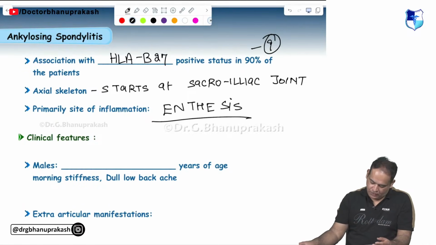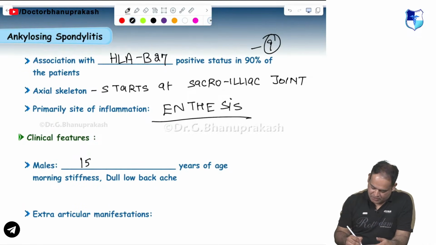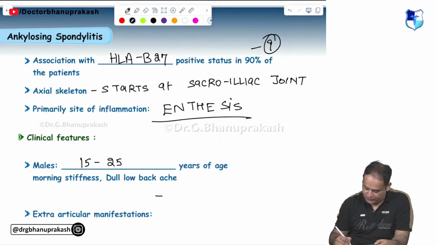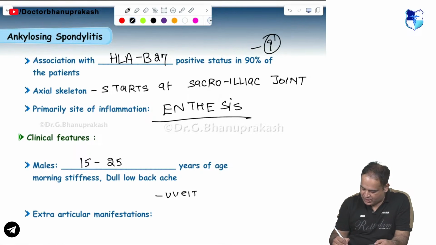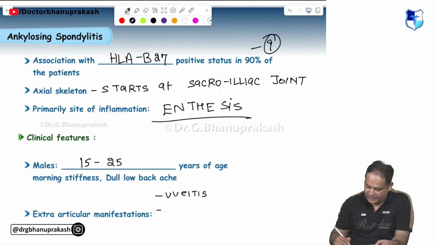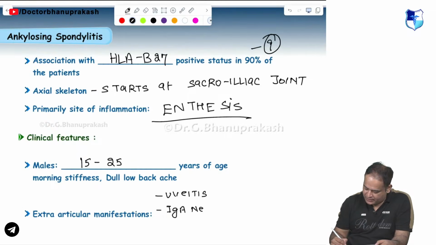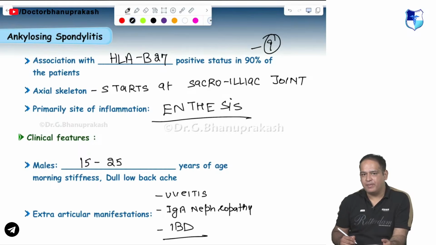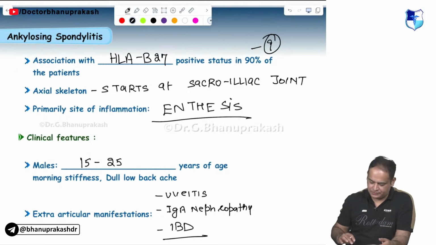Right? Clinical feature. It affects males 15 to 25 years of age. Extra articular, that means apart from bones, your patient will develop uveitis, IgA nephropathy, inflammatory bowel disease.